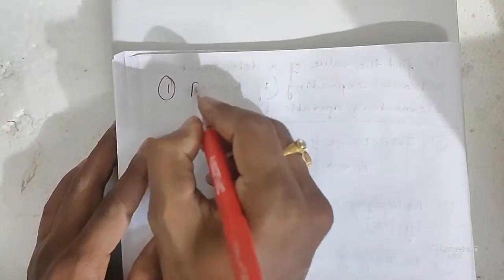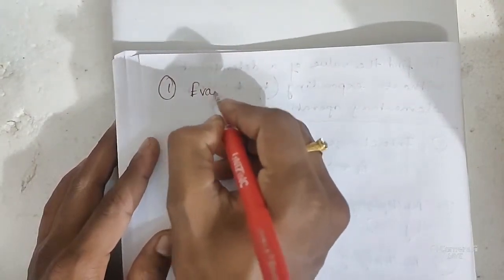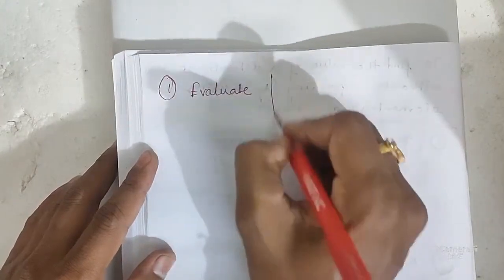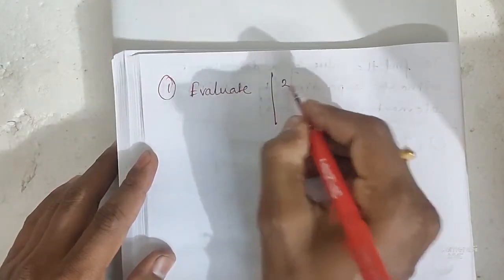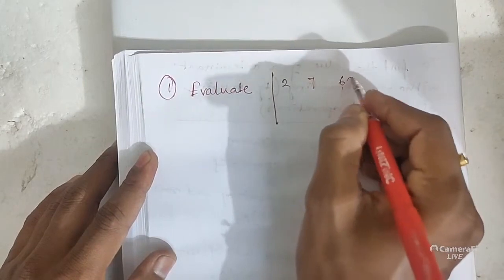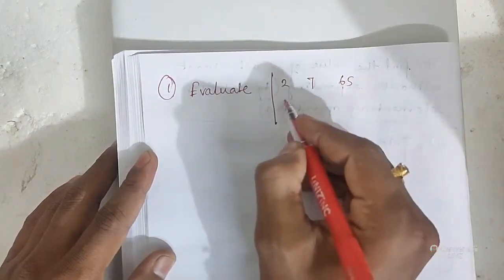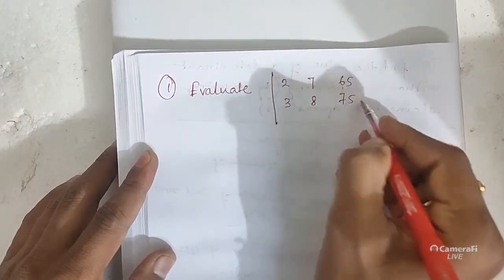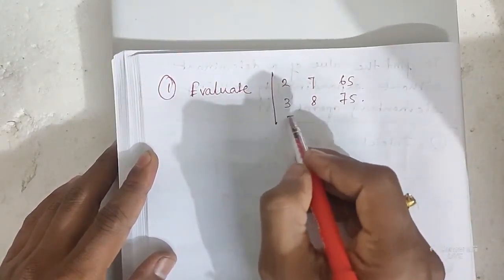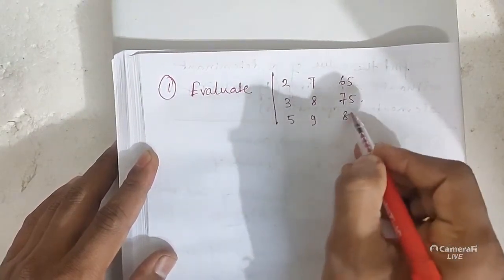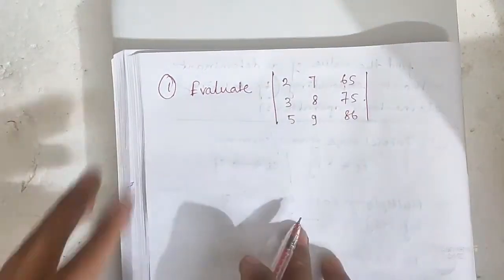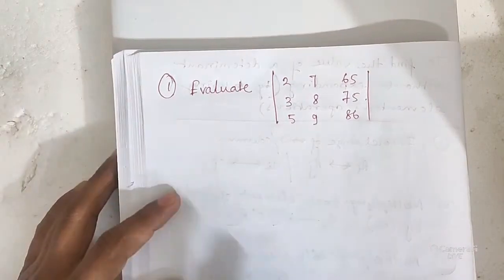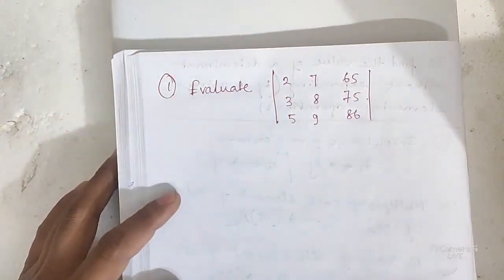Question number 1, evaluate the determinant with rows 2 765, 3 875, 5 986. Without expanding, you have to find the value of this determinant.